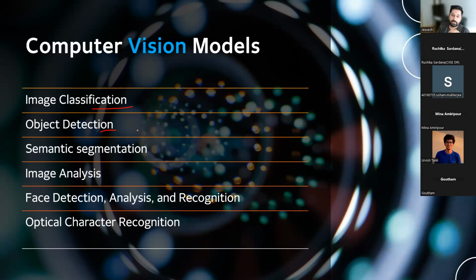The next is semantic segmentation. One very good use case of semantic segmentation: you see, I'm using Zoom, right? And I'm using blur. Please observe that everything behind me is blurred apart from my body. My face, my shoulders, my hands, you can see them, but everything behind is blurred.